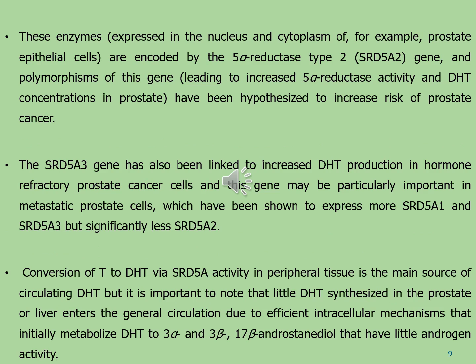These enzymes, expressed in the nucleus and cytoplasm of, for example, prostate epithelial cells, are encoded by the 5-alpha reductase type 2, that is SRD5A2 gene. Polymorphism of this gene, leading to increased 5-alpha reductase activity and dihydrotestosterone concentrations in the prostate, has been hypothesized to increase risk of prostate cancer.